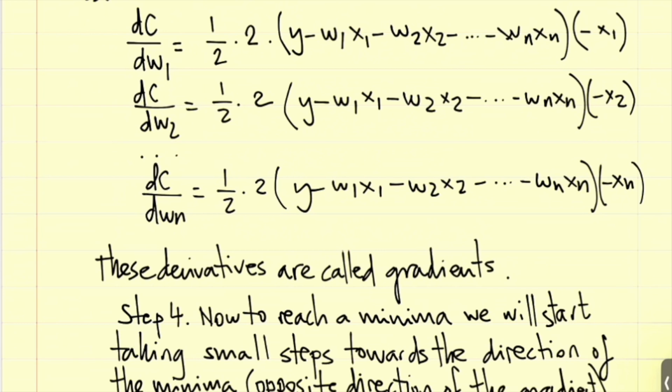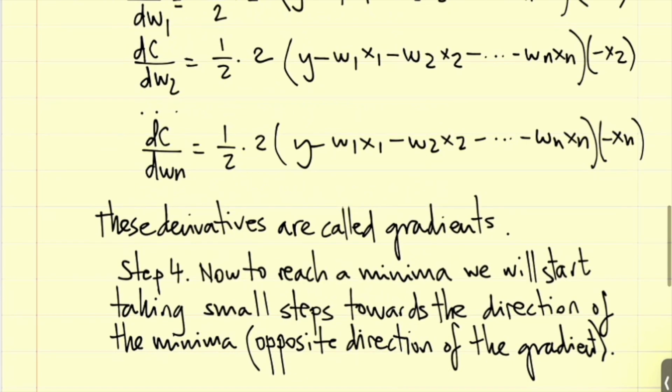So we are looking for a gradient descent. We want the gradient to be always smaller.